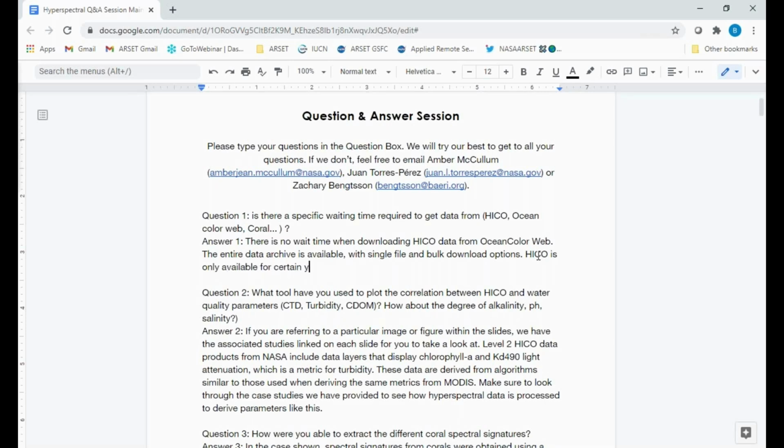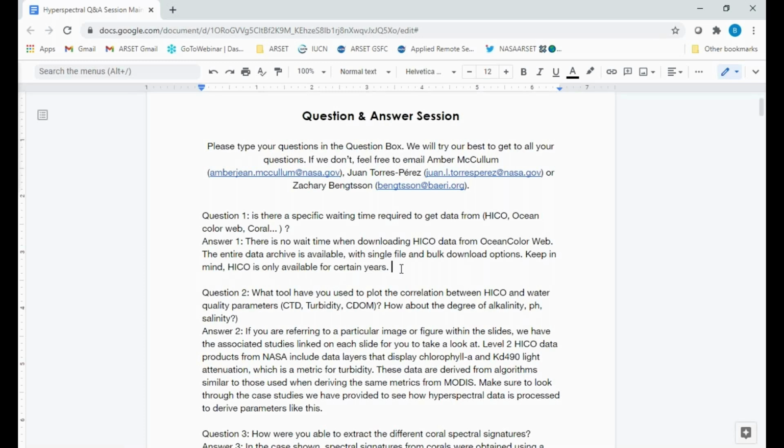And you can download the data. You can just download a single image, single file, or you can do bulk download options in the Ocean Color Web in particular.